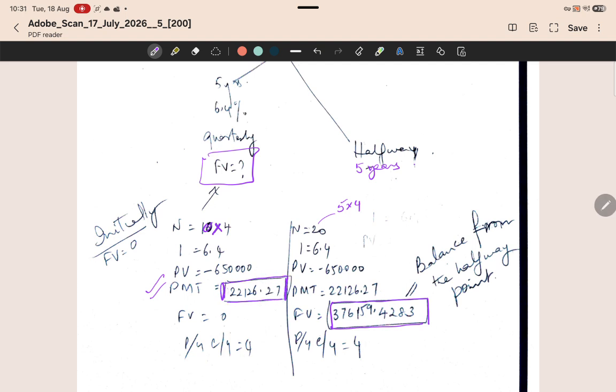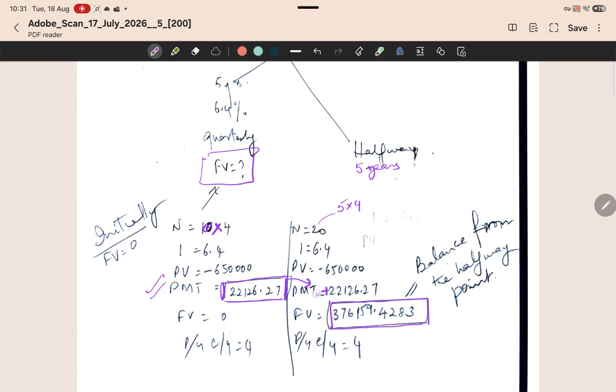Now, knowing the regular payment, we calculate what the future value after 5 years would be. So I is 6.4, principal value is still investment, so minus, money leaves him. Now in an annuity, when you invest money, you get regular payments. So because you get regular payments, the payment that you get is positive.